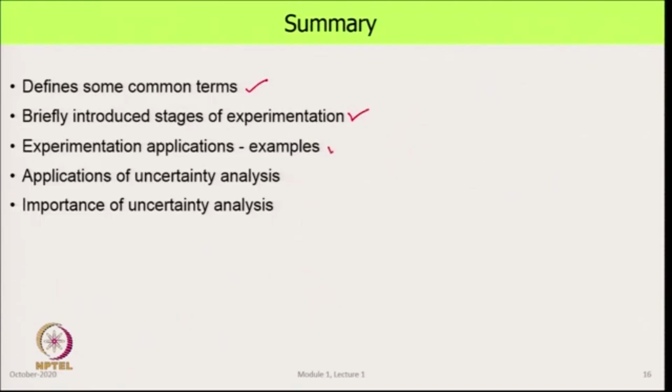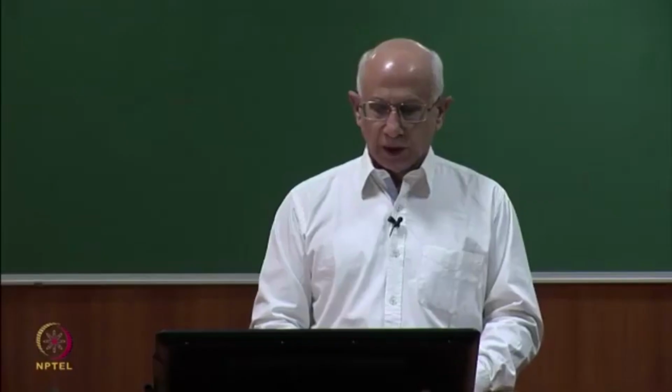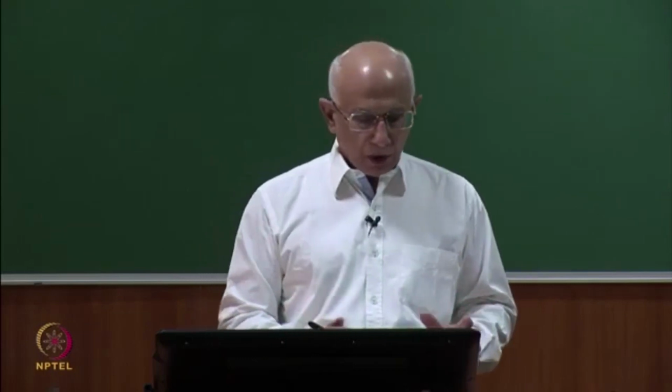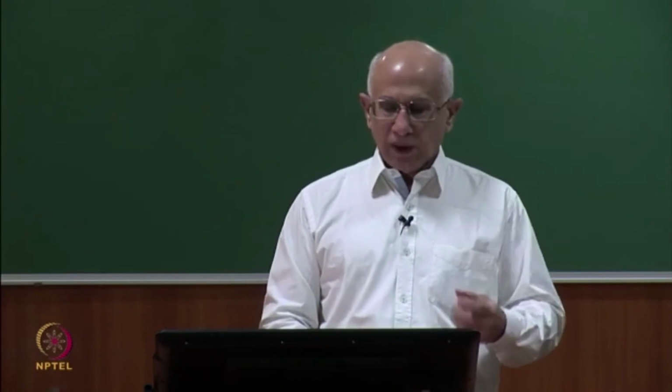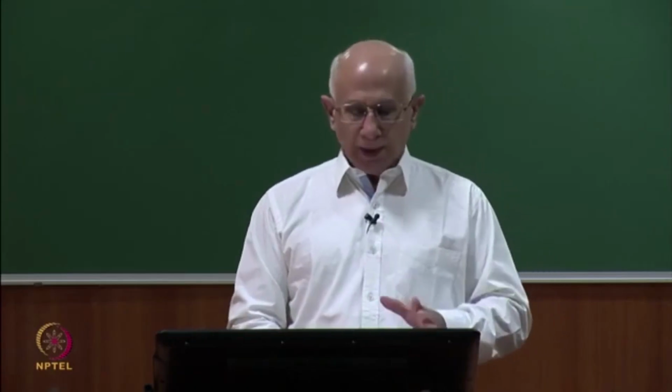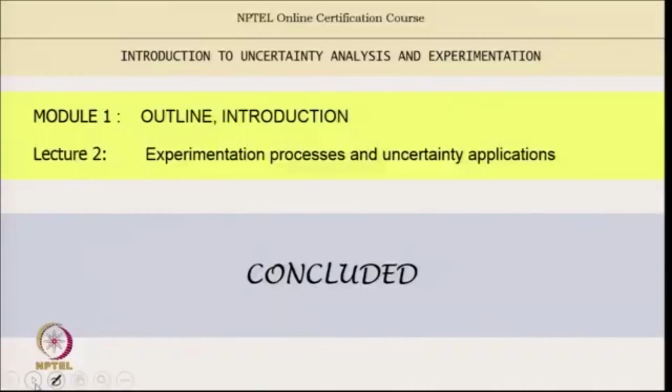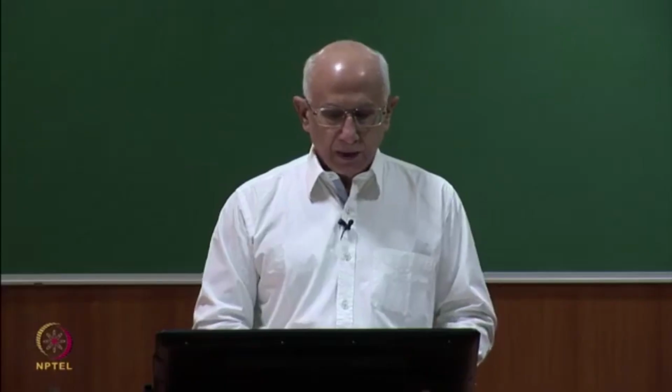We saw some examples of experimentation, and we appreciated something about the applications and importance of uncertainty analysis. So, this sets up the stage for our next part, where we will start looking at the systematic way of finding out the whole process of doing uncertainty analysis and reporting a result.